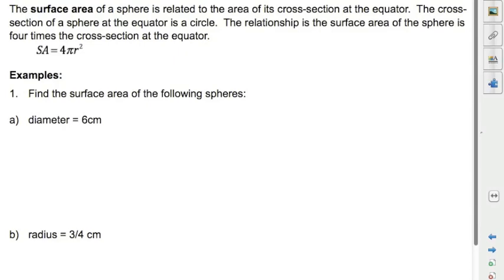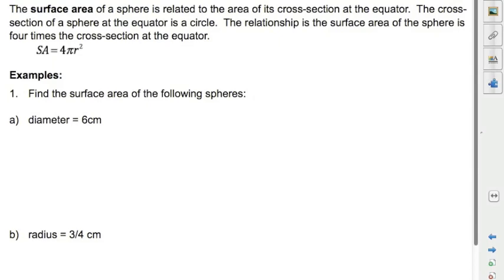All right, one last thing I want to take up really quickly. We'll talk about the surface area of a sphere as well. I'm just going to give you the equation. Surface area is 4 pi r squared. So in other words, what's the relationship between the surface area of a sphere and the area of the circle you get if I cut that sphere in half?